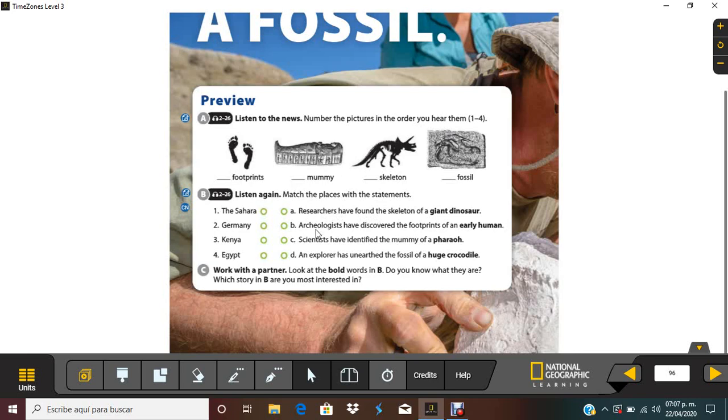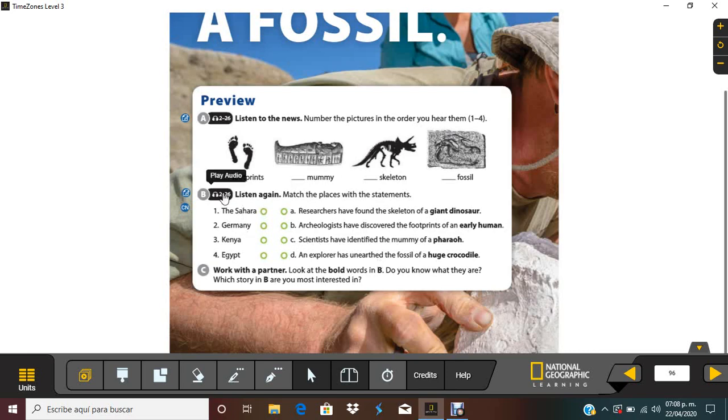In letter B, the word you're going to investigate is footprints. Footprints. Letter C, you're going to investigate pharaoh. And for letter D, you're going to investigate the word unearth. All right? So I'm trusting you that you are going to look for the definition in your dictionary or in the computer. Okay?